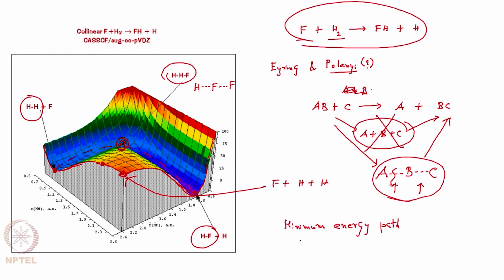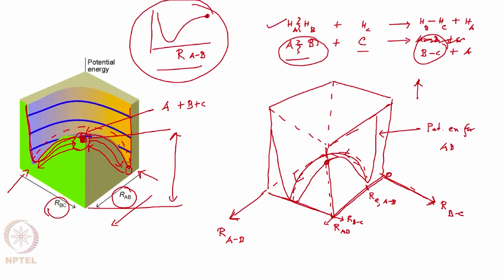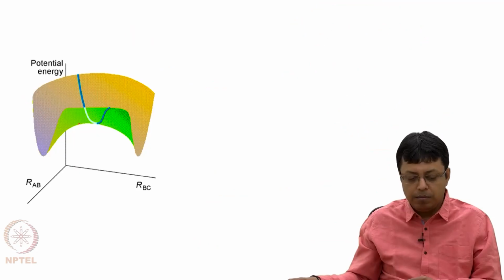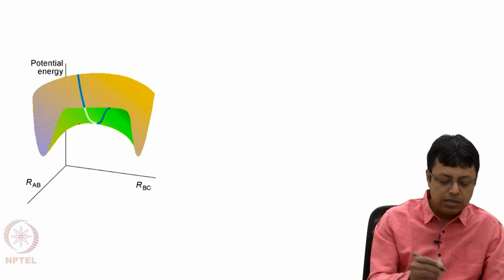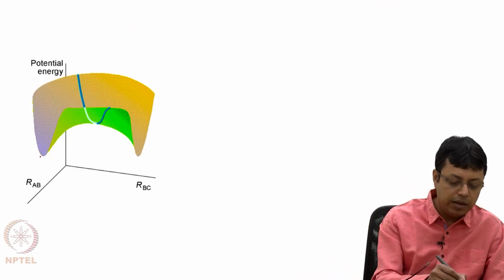Now along this minimum energy path, you will encounter a point right at the middle, in the sense that when I am traversing this potential energy surface, I am making sure that every time my energy is minimum across the motion. Let me give you a better example. This is another way of looking at the path we are talking about.